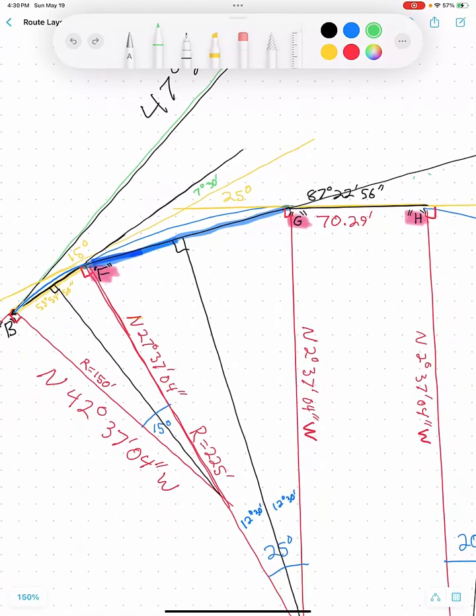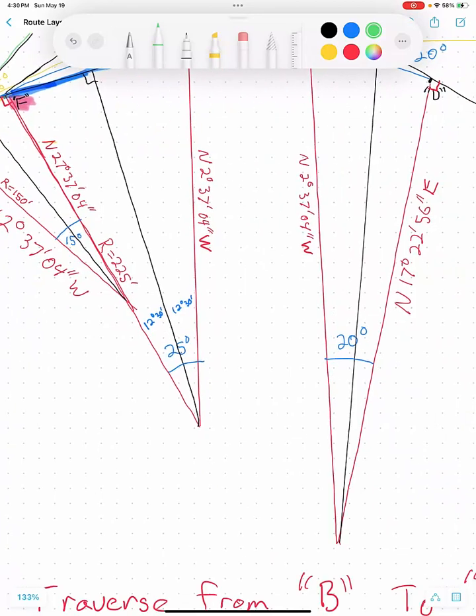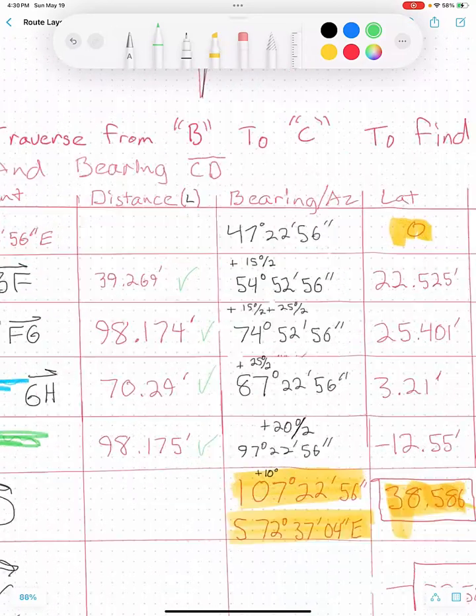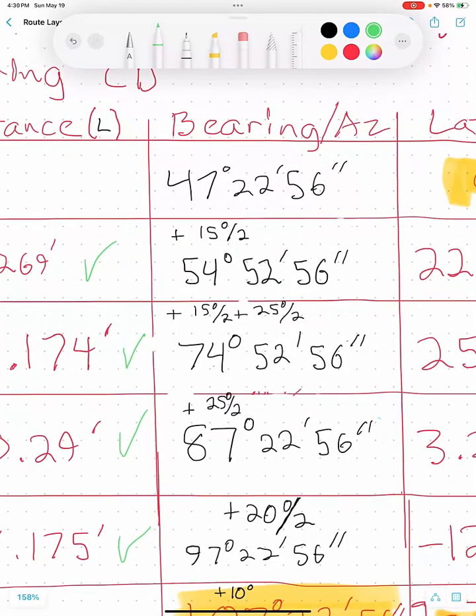And then this next segment, the parallel section, would be plus 25 over 2. That's why I add both of those here.